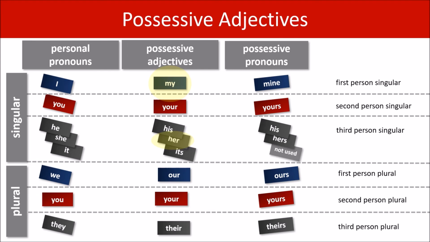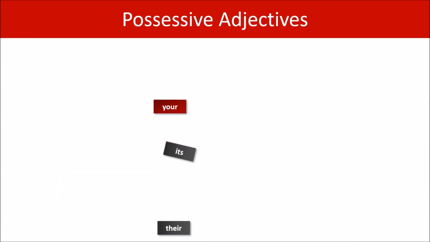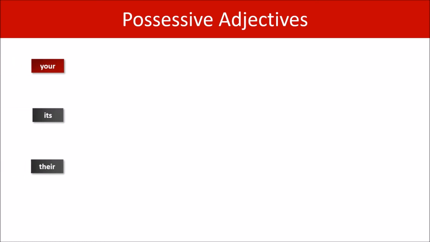Okay, let's clear most of that. I've left these ones on the screen. Let's tidy them up a bit. Okay. The reason why I've left these is because these three words are villains among the possessive adjectives because they are the common cause of some spelling mistakes.